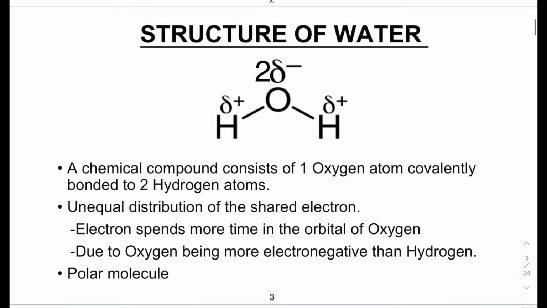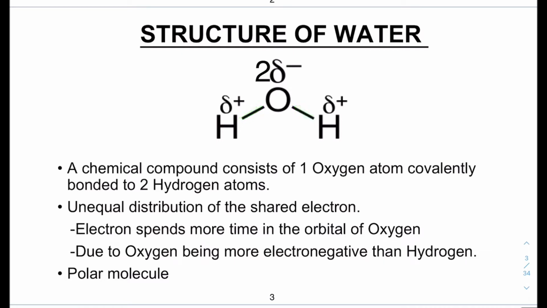Okay, so ini adalah structure of water. So as you can see, water consists of one oxygen atom and 2 hydrogen atoms. Okay, 1 oxygen atom and 2 hydrogen atoms. And between the atoms, kita ada covalent bond.